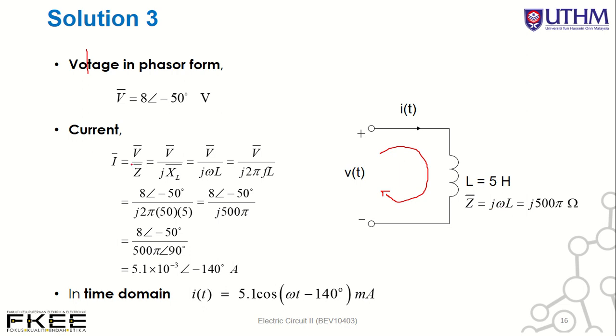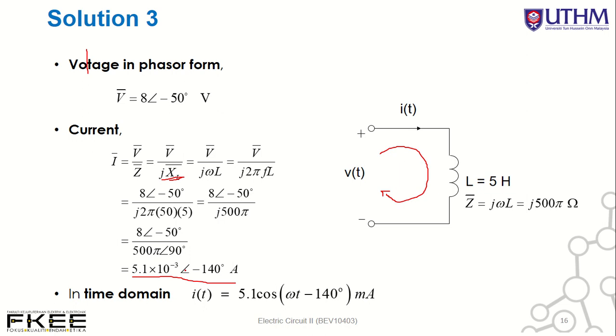Then you can determine I equal to V divided by j omega L. Then you can use your calculator to determine the current: 5.1 angle minus 140 degree milliampere.